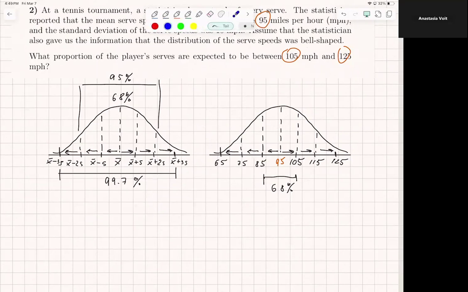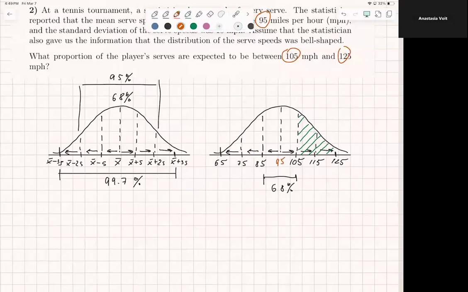So once again, we want to know what is the percentage right here, not just one piece, right? But these two pieces right here. Let me mark that. So we want these two essentially, okay? From 105 to 125.